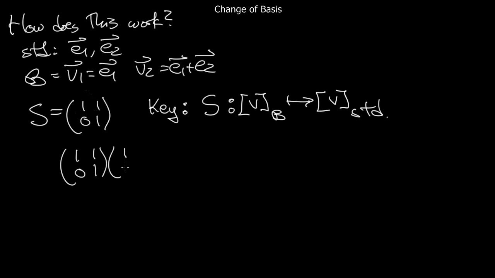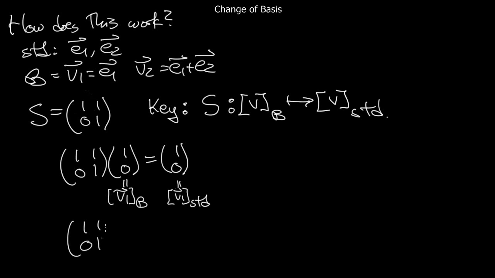So let's check. If you do this multiplication, you get (1, 0). And what this says is that this is the vector v1 in the new basis, and it comes out as (1, 0) in the standard basis. But let's look at the second vector. Let's see what you get there.